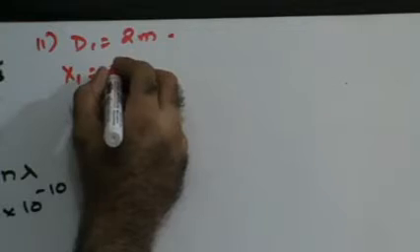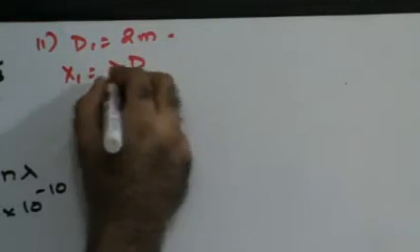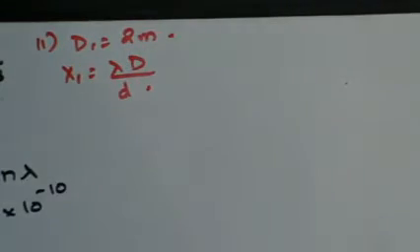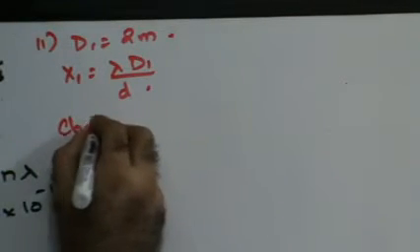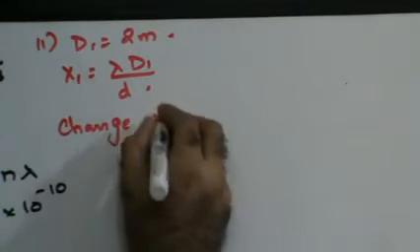So again use the formula. Fringe width is nothing but lambda D by d. Right? Here you will be using D1. Wavelength of light and the distance between the two slits has not been changed. Substitute the values. You will get x1. They have asked you to find out the change in fringe width.